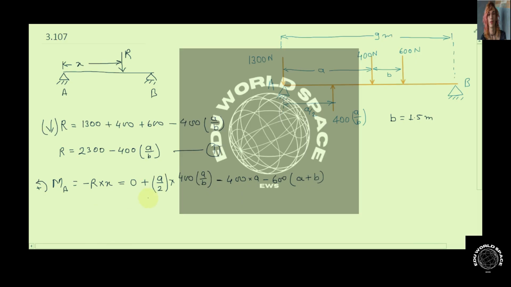So from here we can get the value of x. x comes out to be, this 400 and this 2 cancel out to make 200, so it will be 200 A square upon B, minus 400A and minus 600A. So the total will be minus 1000A and minus 600B, whole divided by minus R. We have calculated the value of R in terms of A in equation 1.